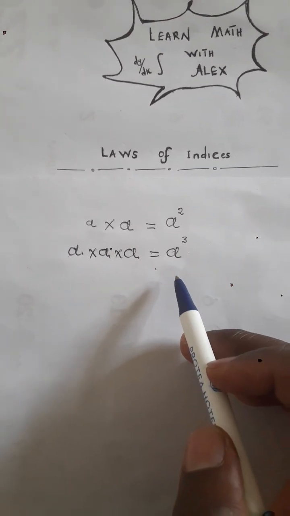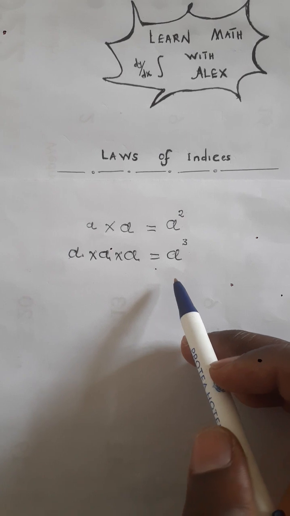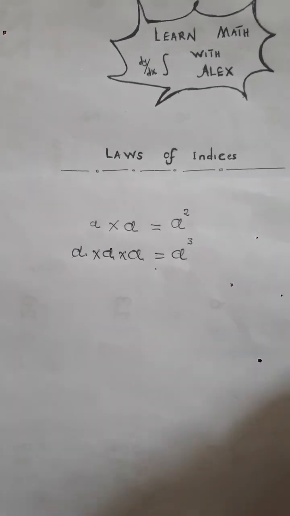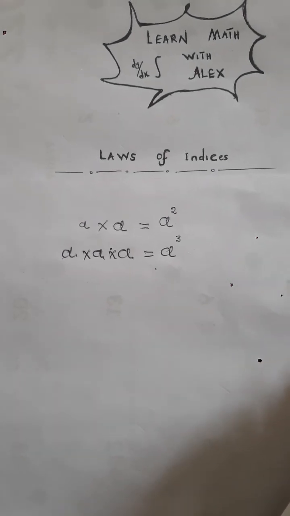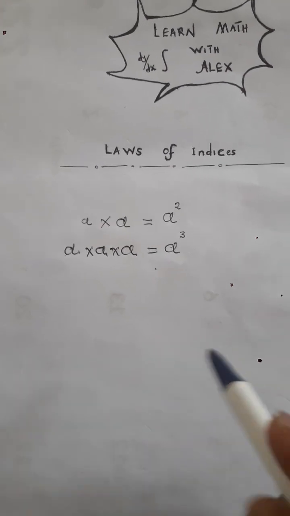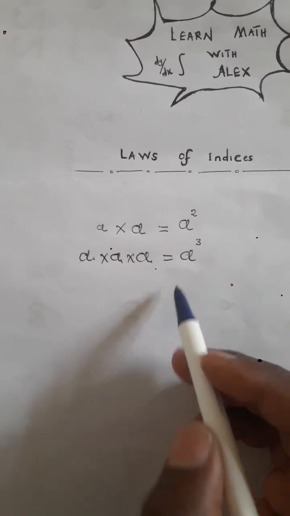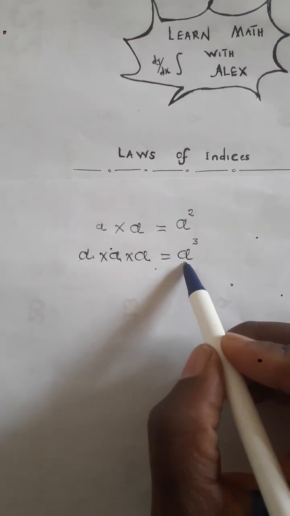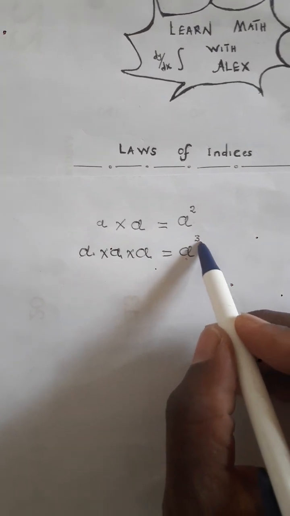So these are examples of indices. We have a bigger number and a smaller number on the top right.